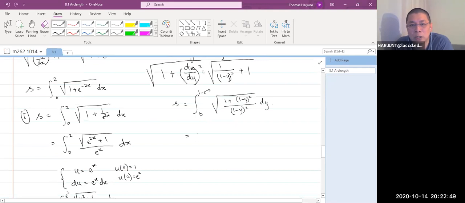So this is the integral from 0 to 1 minus e to the negative 2 of the square root of y squared minus 2y plus 2, over 1 minus y.